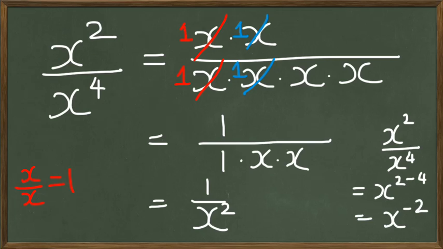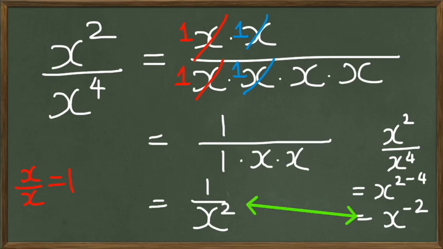I'm going to show this again in another slide, but these two things are the same. 1 over x squared and x to the power of negative 2 are the same things.